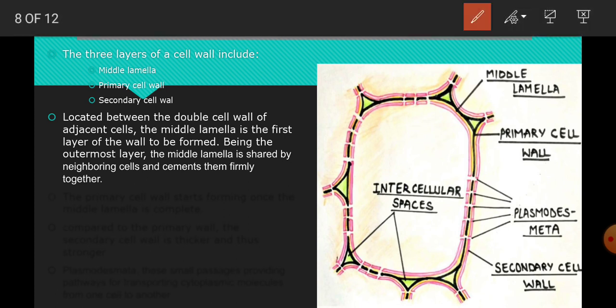Here you can see this black part is the middle lamella, and this is one cell, this is another cell, and this black part is shared by neighboring cells.